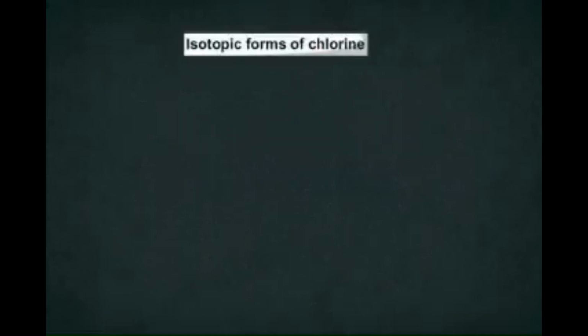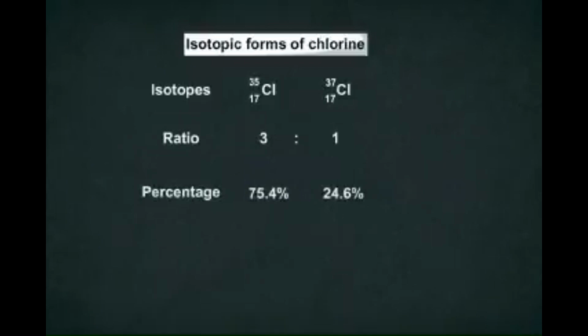Chlorine exists in nature in two isotopic forms, 35Cl17 and 37Cl17. And it exists in the ratio 3:1. That means 75.4% of chlorine found in nature exists as 35Cl17 and the rest 24.6% exists as 37Cl17.